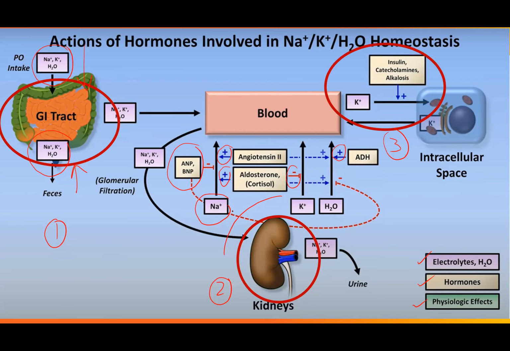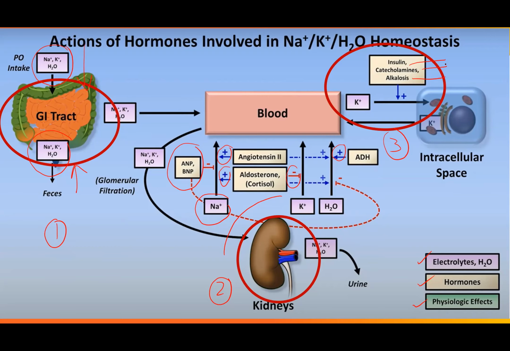What is the third one? Transcellular. Insulin in and glucagon out. Catecholamines: beta in, alpha out. And then alkalosis in, acidosis out. So these are the three types of etiopathogenesis.